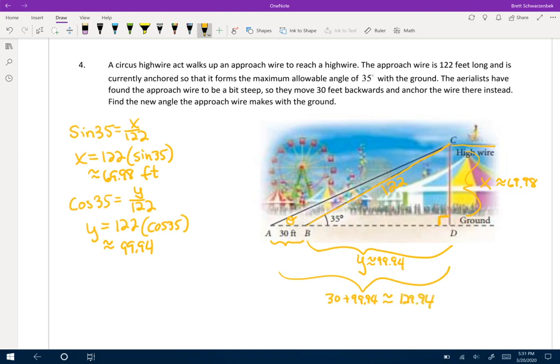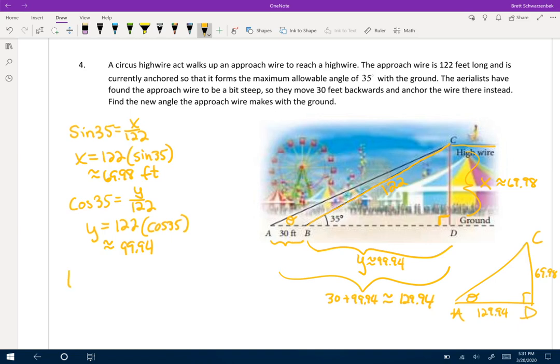So if we look right now at the very big triangle, which is ADC, we have a right triangle with a side of 69.98 over here and a side of 129.94 and theta. So if we have these measurements, you can clearly see that we have an opposite over adjacent situation.